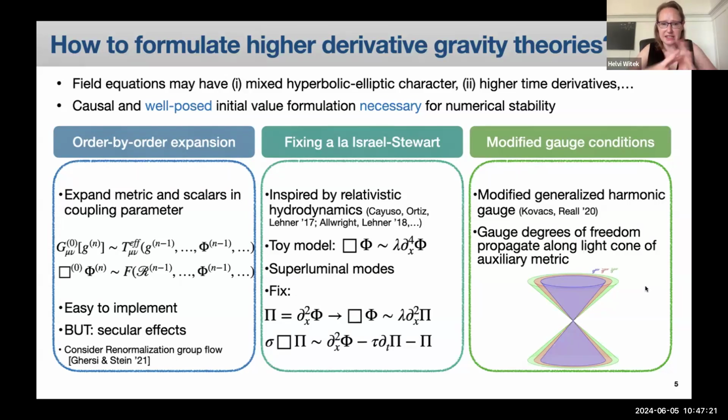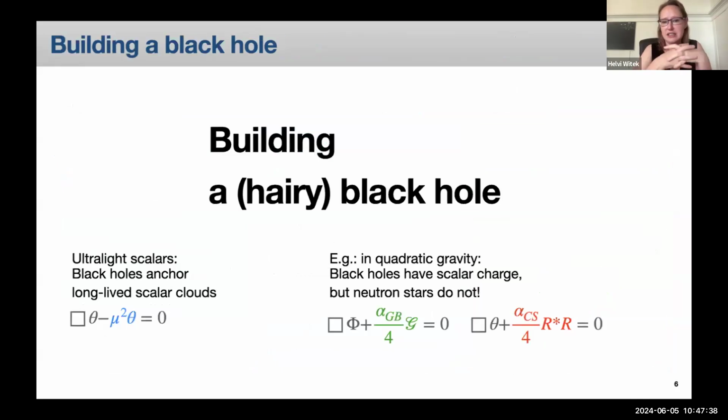Okay, so these are the three main approaches that we have, and I will come back to point those out as we go along. Now, with all of the theory set up, let's think about compact objects and binaries of compact objects. The first thing that we want to think about is what does a black hole do if we add extra fields, or consider these higher curvature corrections.